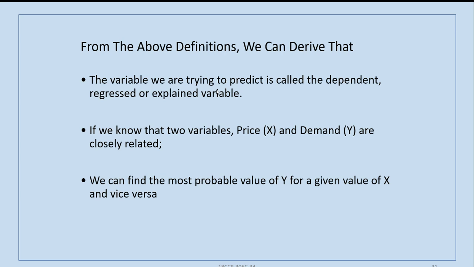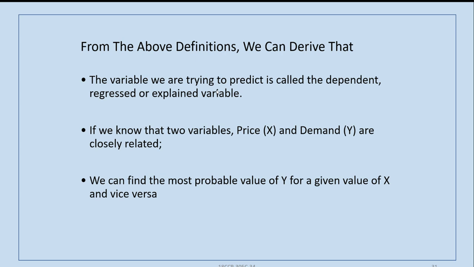If we know that two variables x and y are given, closely related, which means they are in correlation. When correlation exists, then only we can find regression. Otherwise, we cannot find regression. If correlation is equal to 0, we cannot do regression. Please remember, this is very important.